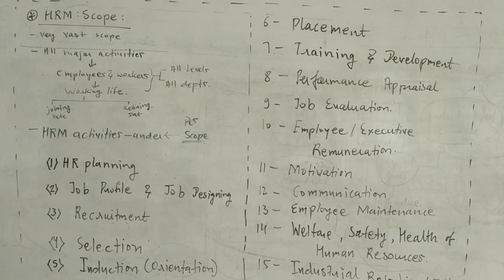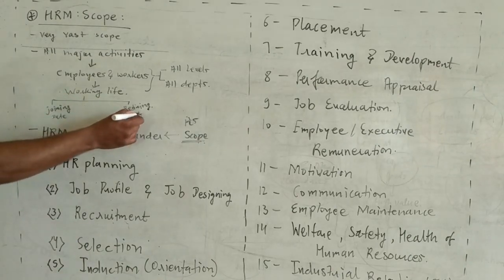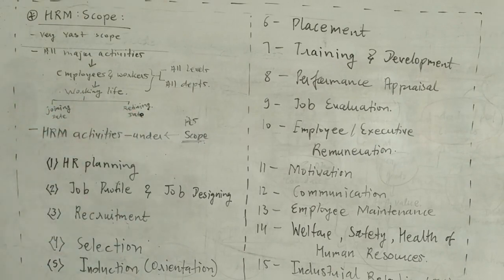Mostly all the major activities which are done by employees and workers in their working life at all levels, from their joining date to their retiring date, all the activities done by employees and workers at all levels and departments, in some way or other come under the scope of HRM.